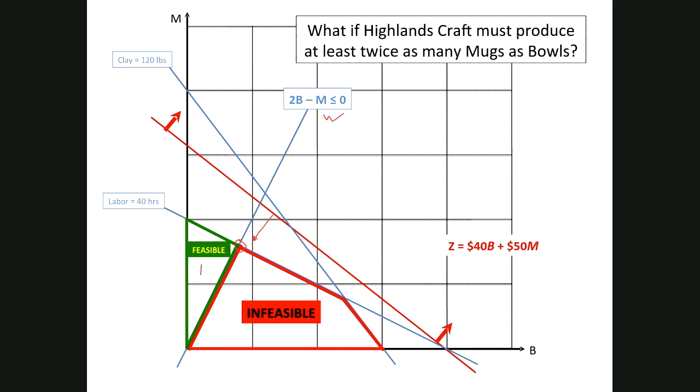What you'll learn is, let me see if I can type this in quickly. 2b minus m is going to be equal to 0, and our second constraint is our labor constraint, and that's b plus 2m equals 40. So we need to solve those simultaneously.